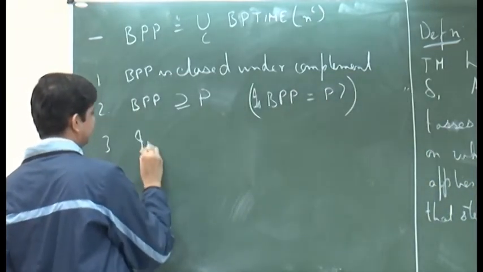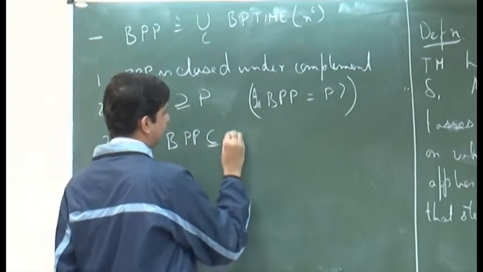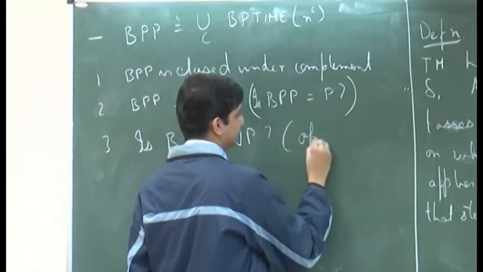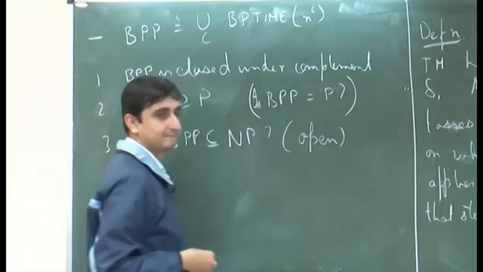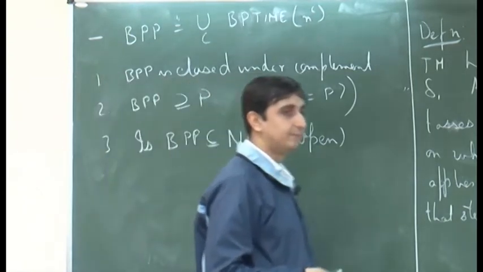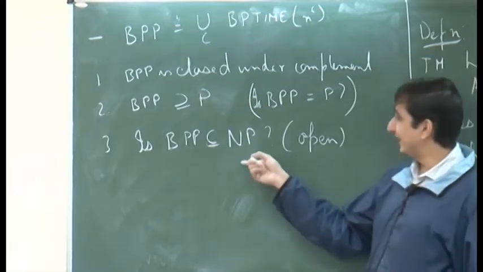Is BPP contained in NP? This is also open. Again, it is believed that BPP is contained in NP, but that is not known. If NP is contained in BPP, then, well, it will not imply, but we will get certain results.